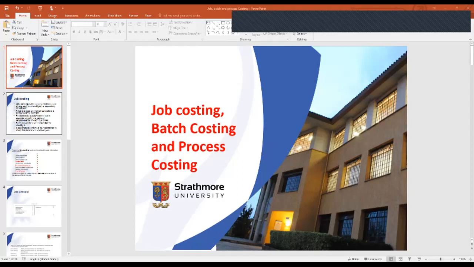As we produce the units, we produce them based on the requirements of the customer. This is some special requirement that the customer wants the product to have. It is the customer who instigates it, so maybe the material we'll be using, and the extent of the labor you're going to be using in this job.